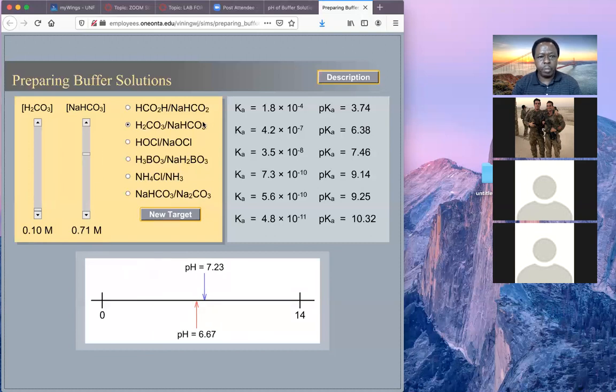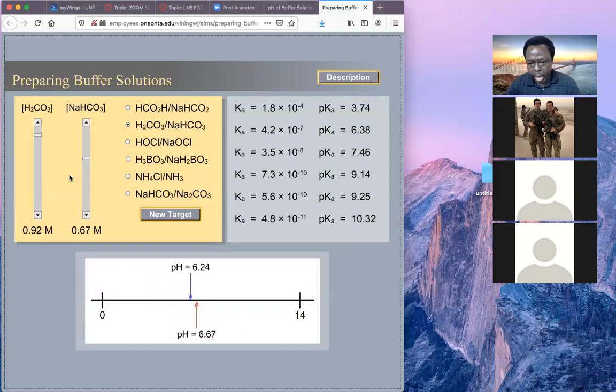Once you pick the weak acid conjugate pair closer to your desired pH, by adjusting the concentration of the weak acid and conjugate base you can easily get the concentration, because it doesn't really matter whether you click 50 times on this red one. In the long run, you will adjust this blue guy by moving the concentration of the weak acid or the weak base up and down.